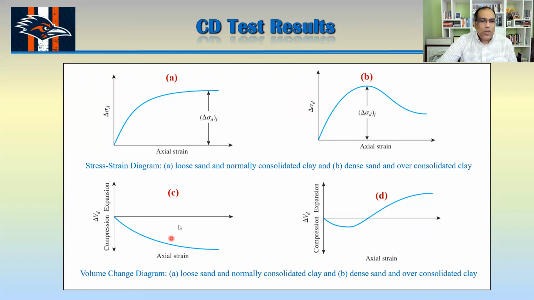Now you can see this one shows how the volume of the specimen changes with the axial strain. So you can see for loose and normally consolidated clay, the volume decreases because they still have a lot of voids there, and soil particles can go there when they are trying to shear each other. But for dense sand and over consolidated clay, because they are highly densely packed, when they try to shear, as I showed you previously, they have to come out from there to slide, okay?